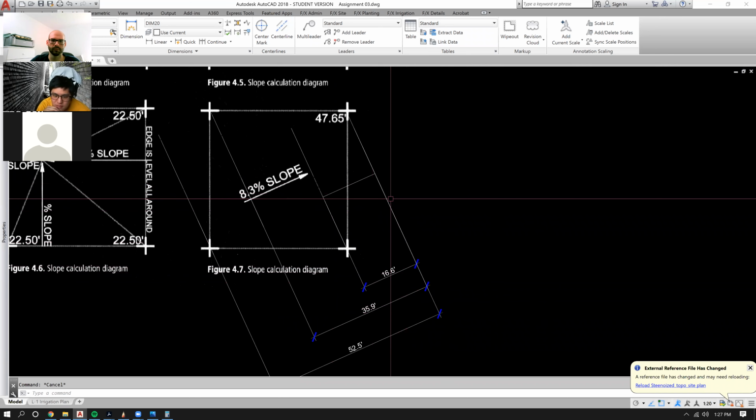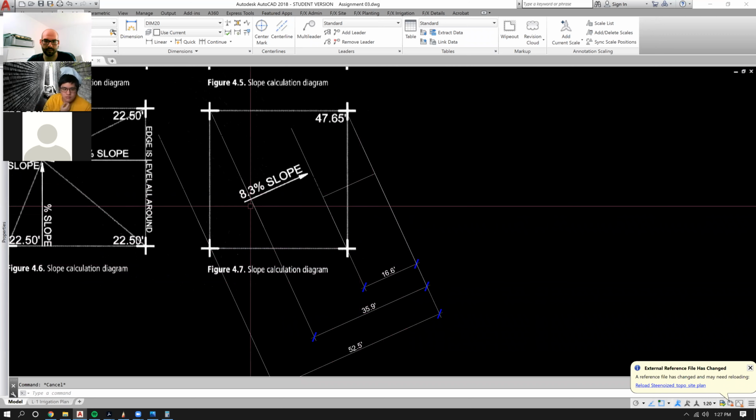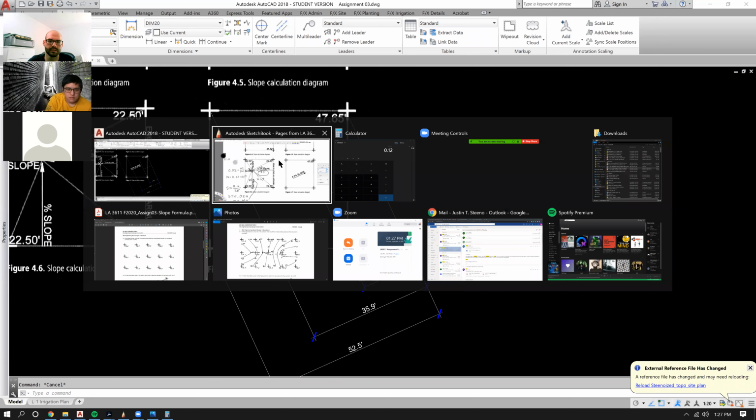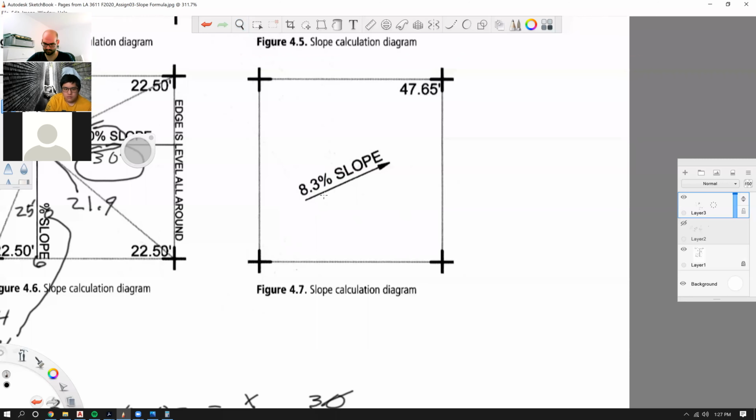So we'll figure it out. We'll do this. 8.3, 16.6. Just roughly sketch this out. Oh my God, no artist. 16.6 feet is our length.